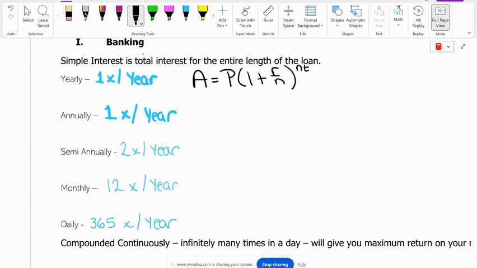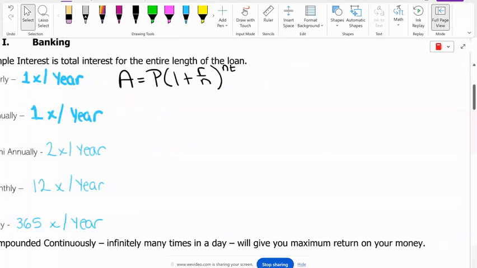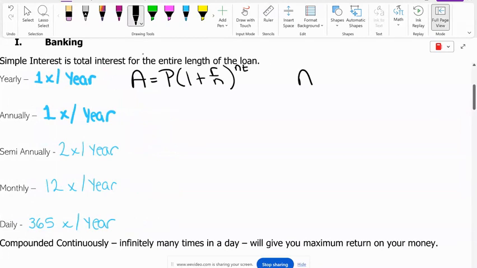All right, let's tell you what these variables mean. So A is going to be our starting amount plus whatever interest has been made. The principal amount is your starting amount plus interest.